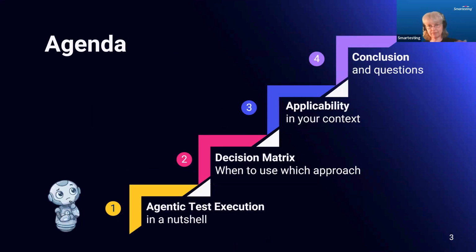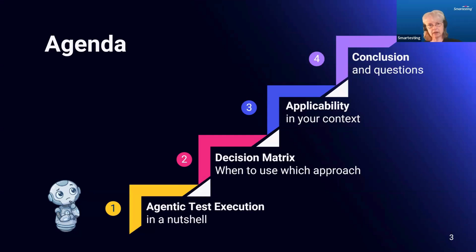But let's begin with the beginning. What is agentic test execution? That's my first topic. I will then tell a little bit about the two different approaches, when to take which approach: either take an agent to execute manual test cases, or take the well-known test automation process as we have had it in the past, also augmented with AI, because nobody wants to code a single line of code anymore without using a copilot.